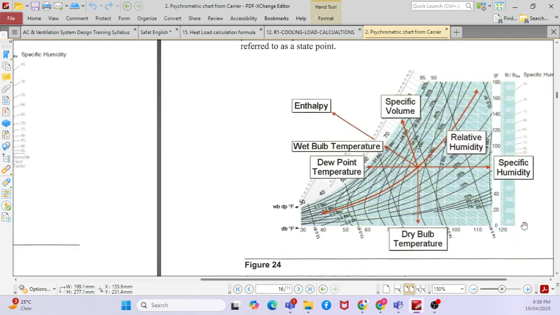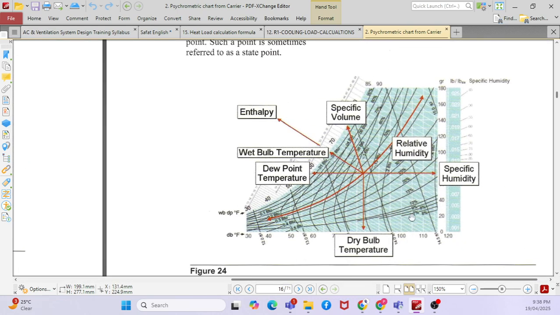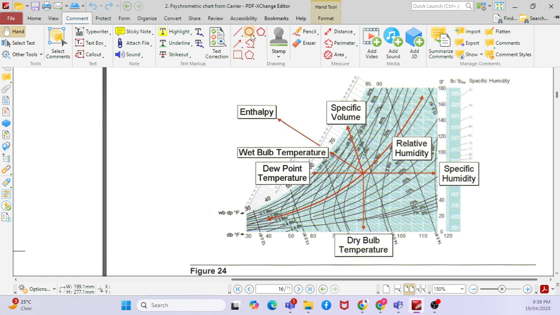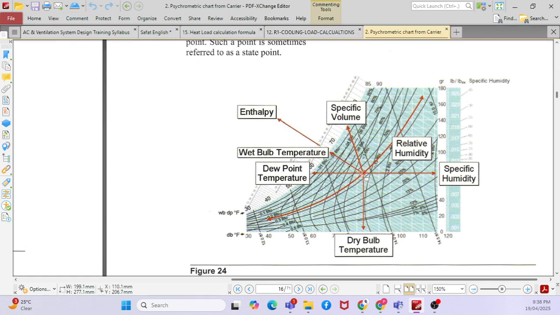Can you see the psychrometric chart here? You can see the dry bulb temperature, specific humidity, relative humidity, dew point temperature, wet bulb temperature, enthalpy line, specific volume. So what is this particular point? Based on this particular point, you can decide all the parameters, right?